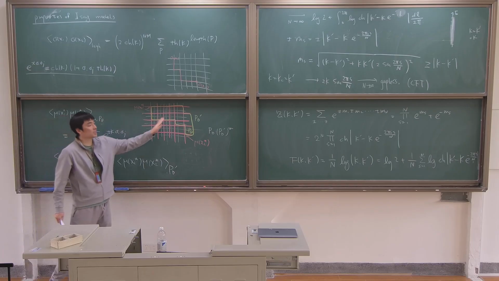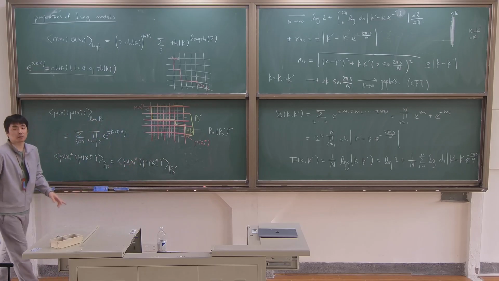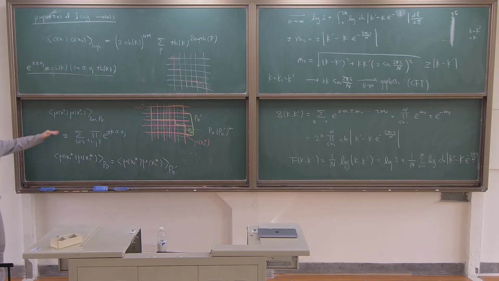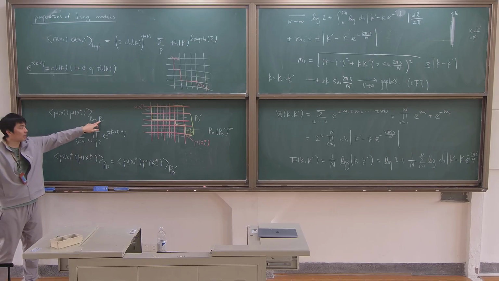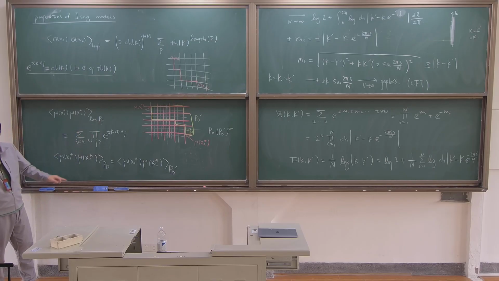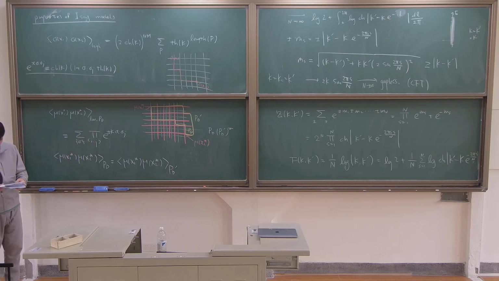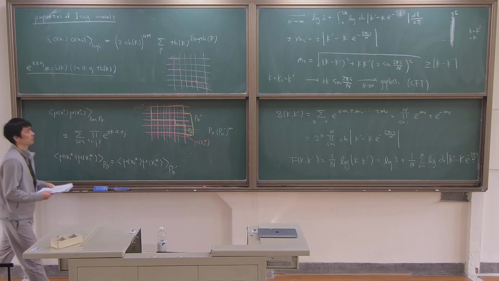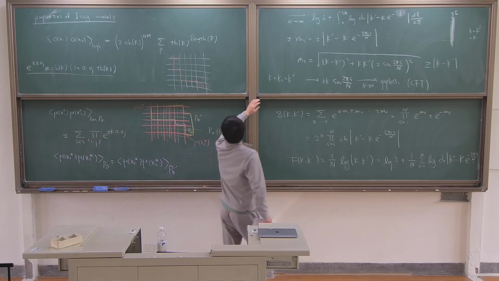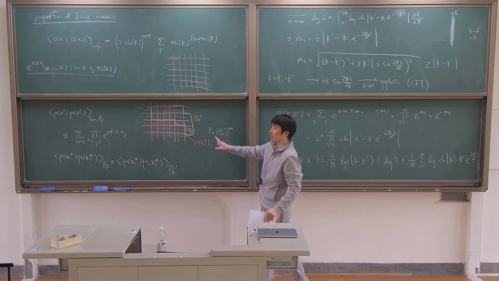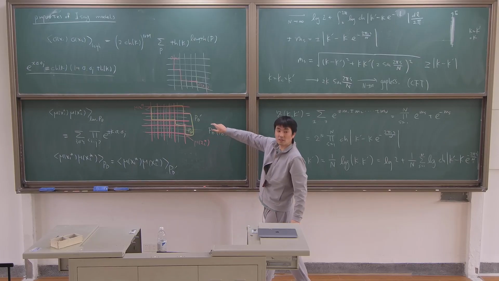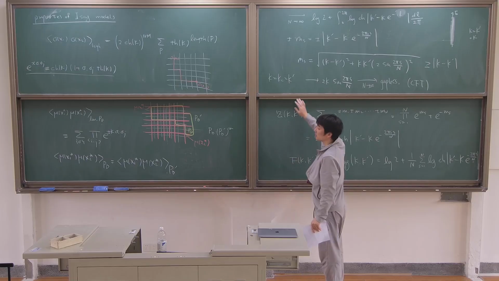Therefore, it's independent of the choice of the path. So this definition looks like it depends on the path in the dual lattice, but the correlation function itself is independent of the choice of a path. Is it okay? Do you understand this point?